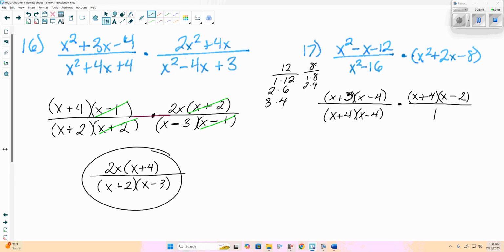Now we multiply them together. Kind of one of our shortcuts we found is we can just connect them together because all the parentheses on top are going to squish in. And what cancels? x plus 4 and x minus 4. It's going to be x plus 3.